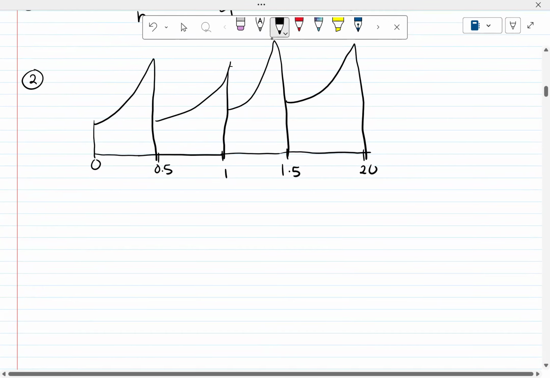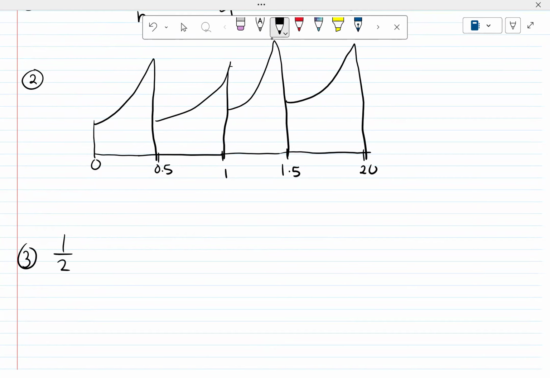So step 3, it's going to be 1/2 because that's the area. So 1/2 times delta x, which we just found out is 1/2.